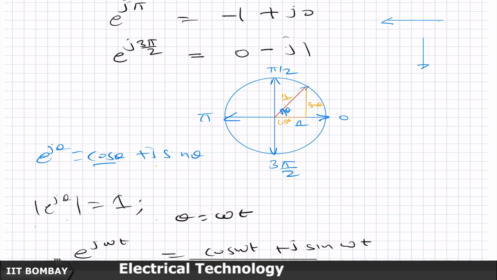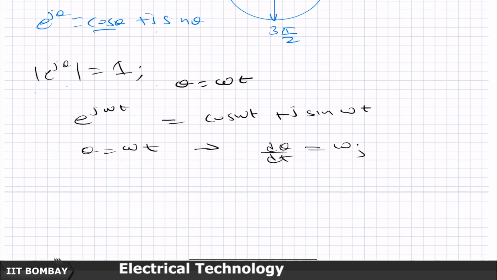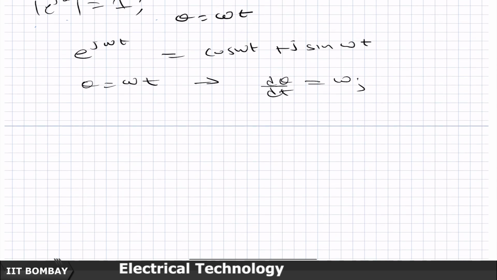It means that this unit exponential vector is rotating at a speed of omega radians per second. So, that is what e to the power j omega t symbolizes.